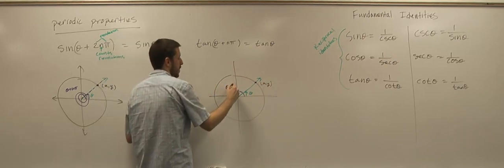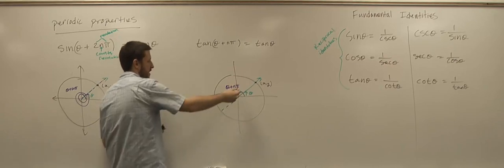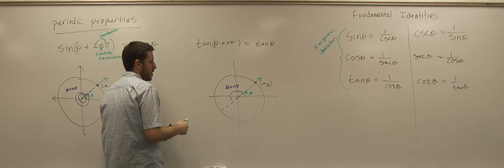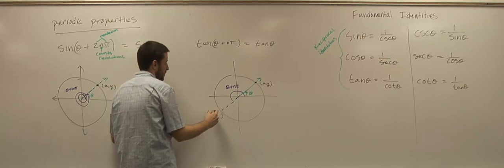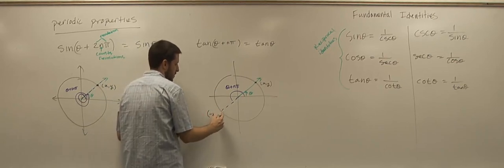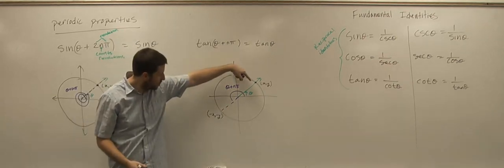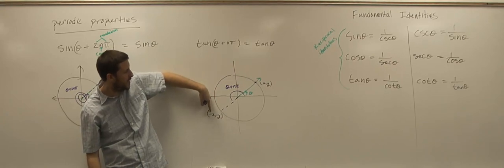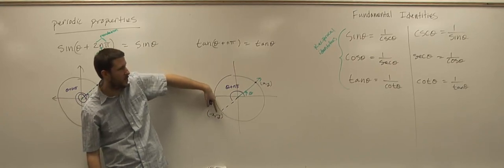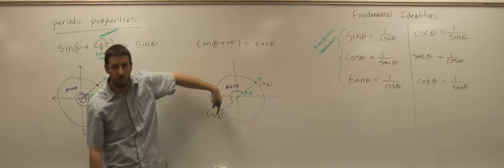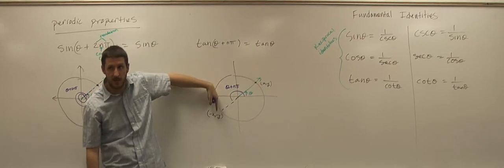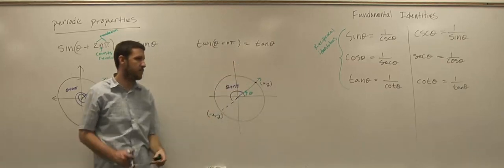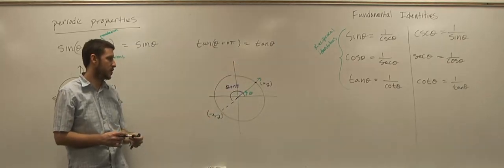After going theta plus n pi, say just 1 pi, what would this point be over here? Yes, it's diametrically opposite. It's across the origin. So it just picks up a negative sign on the x and a negative sign on the y. But tangent is the same because tangent is y over x. Whether you divide these two numbers, you get the same thing because the negatives cancel.